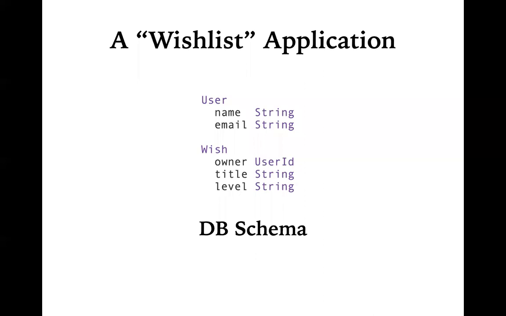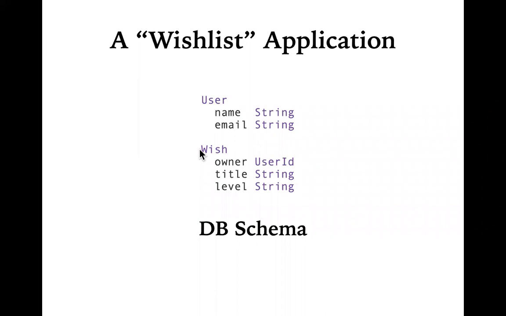In this web application, what you would typically do is describe what your database schema looks like. This is a standard thing. You have schema libraries in pretty much all languages; we're using one for Haskell. In this schema, there's a table called users, and each row has the user's name and the user's email.